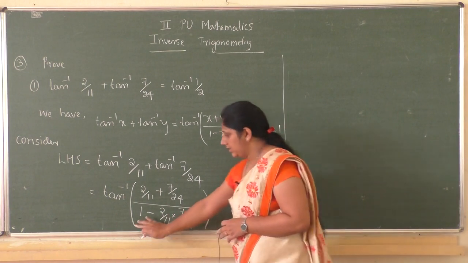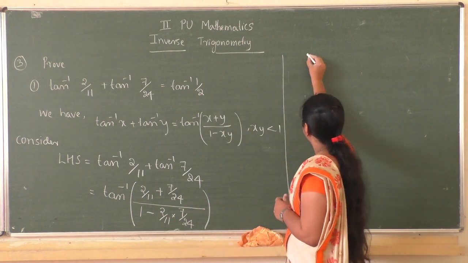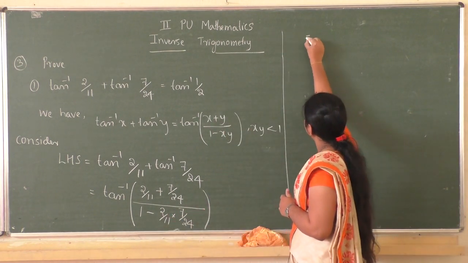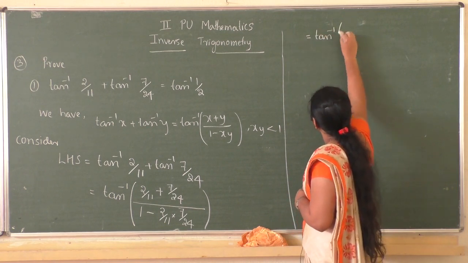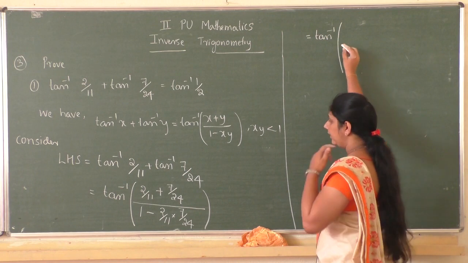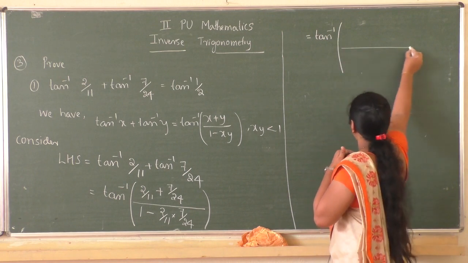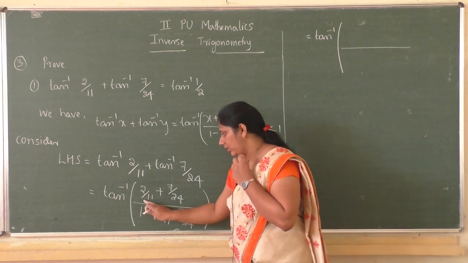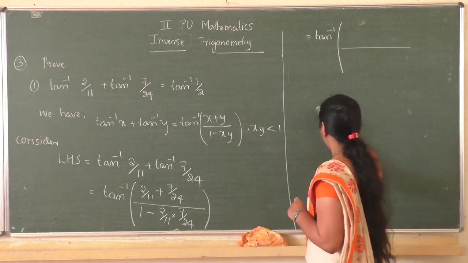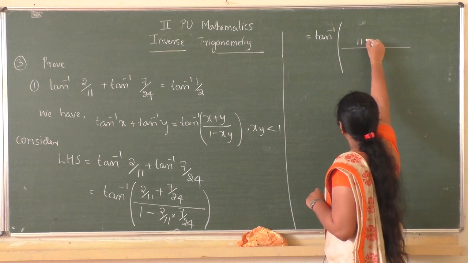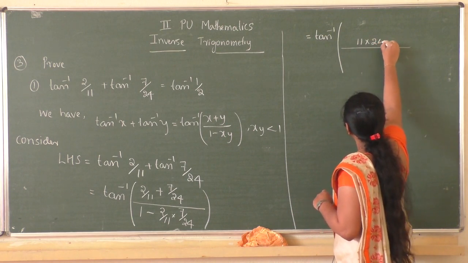Now we will simplify this. It is tan inverse of, first we will simplify the numerator part. So here what is the common denominator? 11 into 24. I will write as it is, 11 into 24.